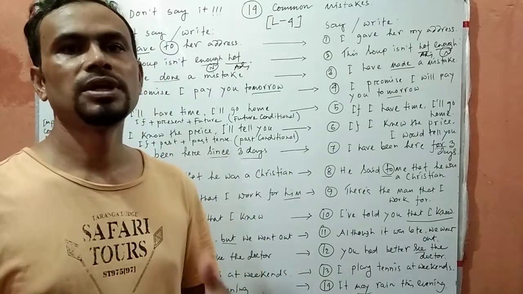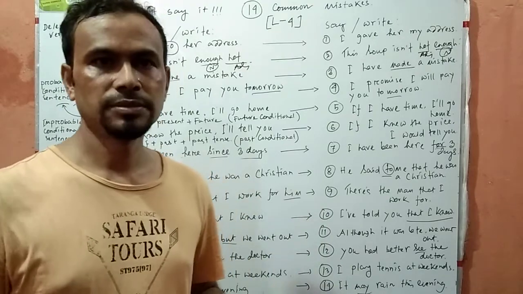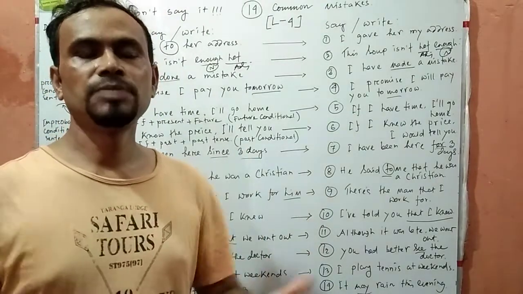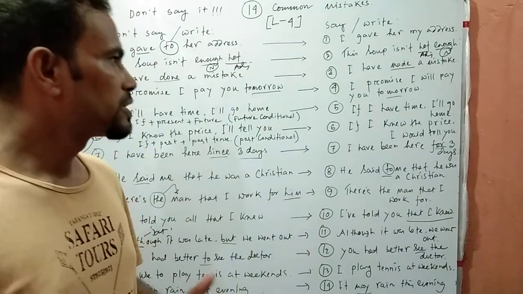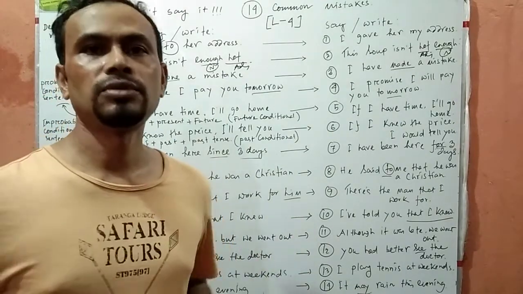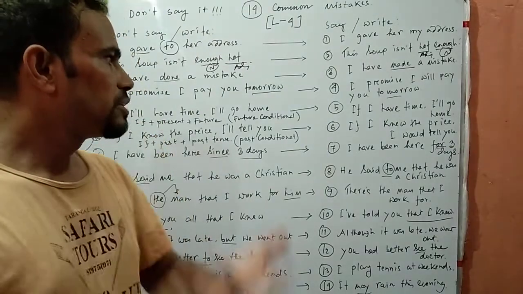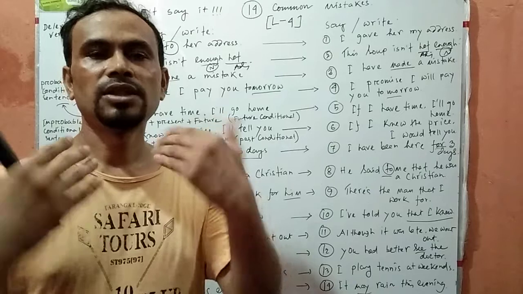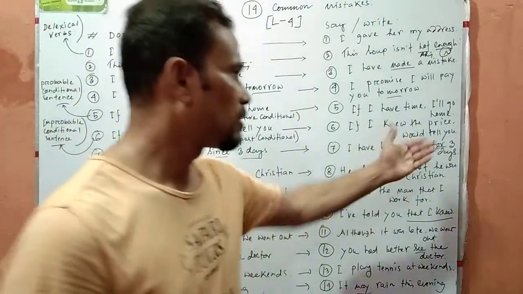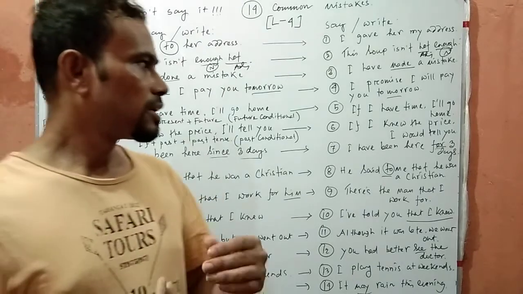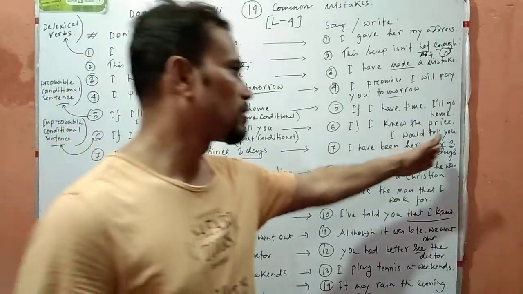So 15 years is a length of time. For example, 40 minutes, 15 minutes, 4 hours, 6 hours, and we could say 15 years, is a length of time. That means for. In the case of these examples, we use for.